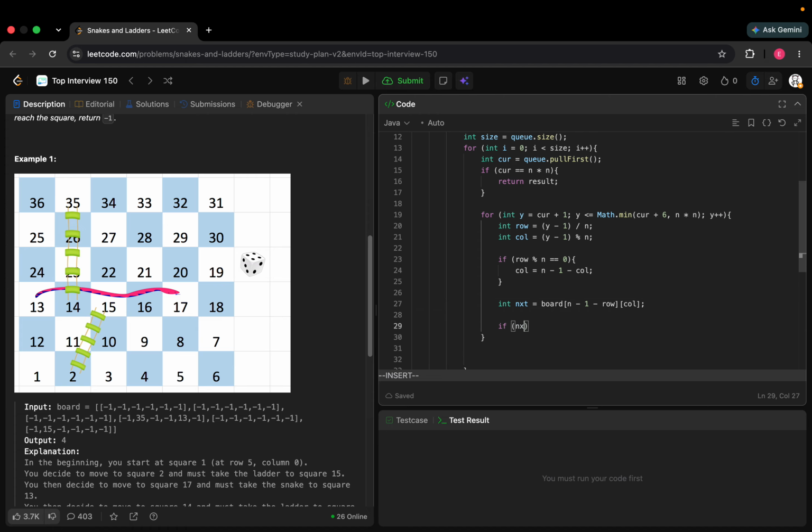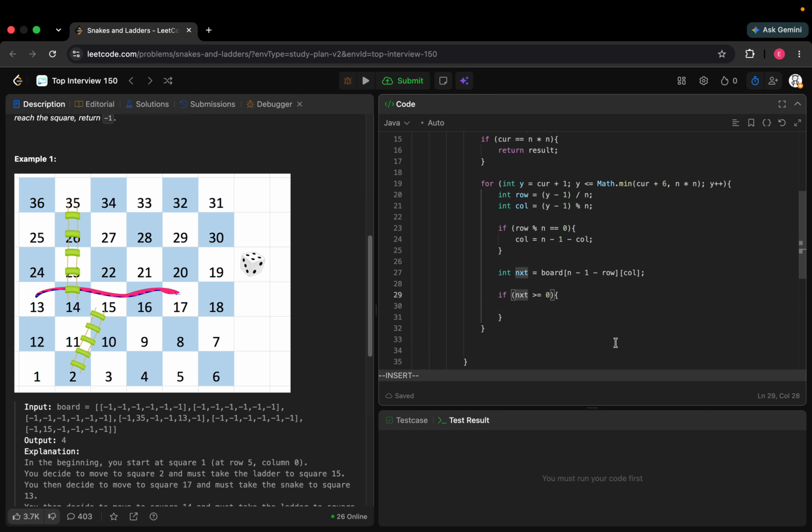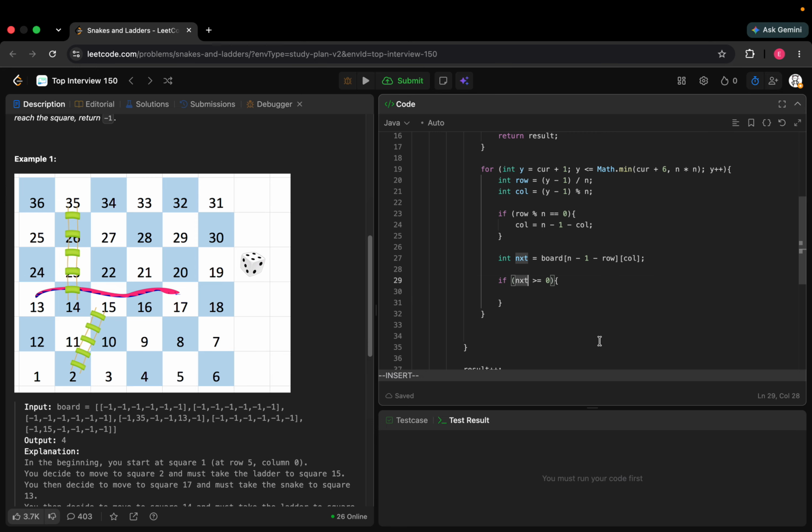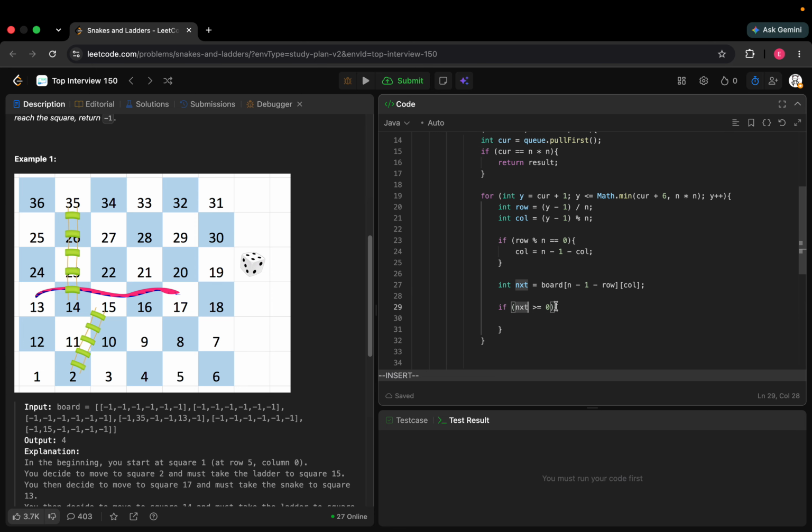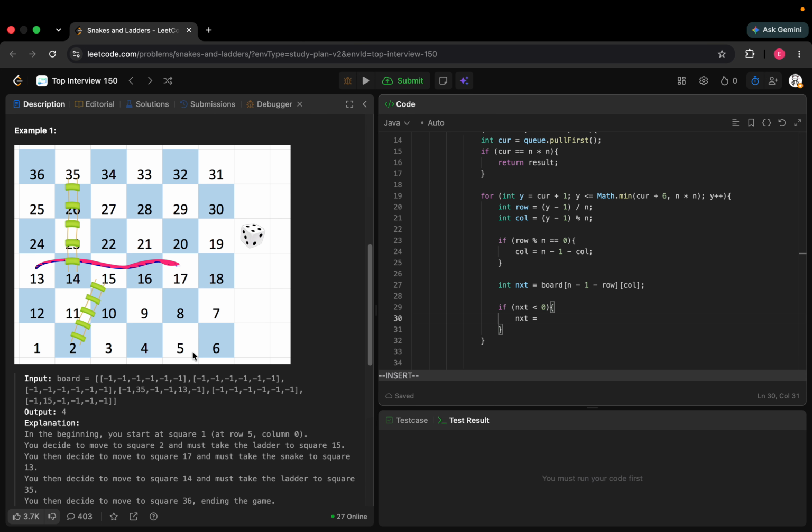Okay, so if the nest is larger than 0, if the nest is smaller than 0, which means -1, right?